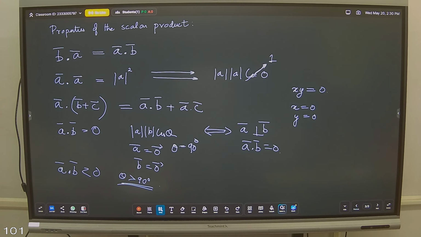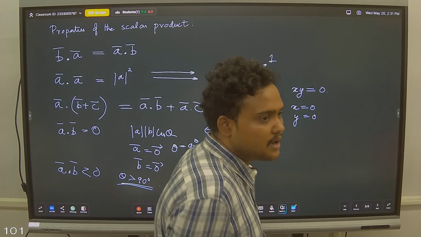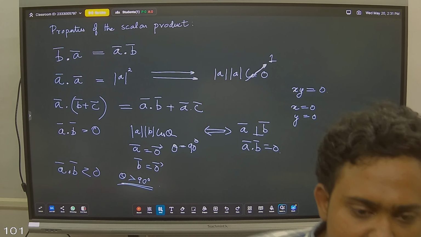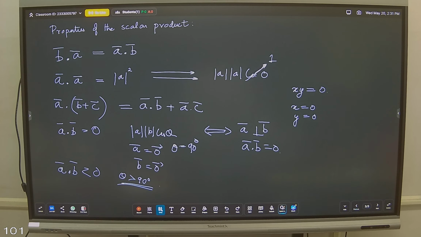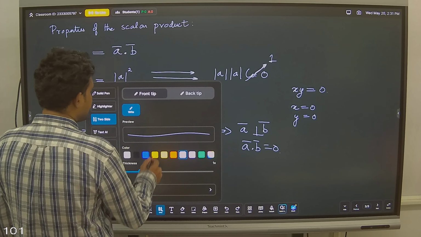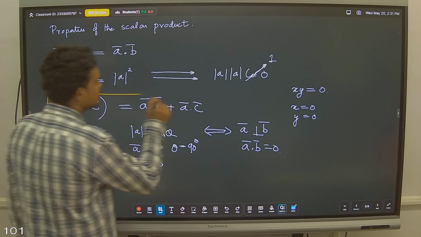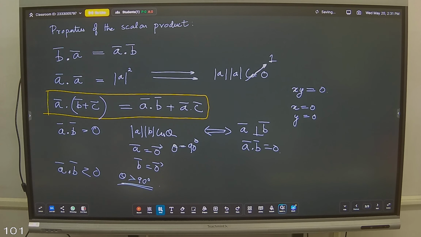How do you find the dot product of two vectors if it is given to you in terms of i, j, k components? If it is given to you in terms of i, j and k, you have to use this property, right?